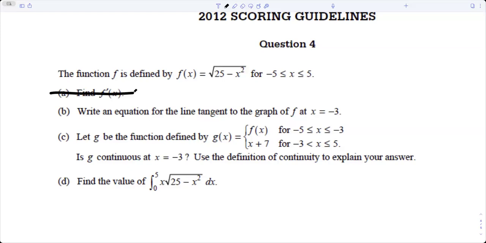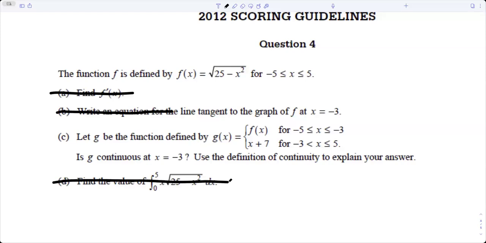Part B, write an equation for the line tangent to the graph of f at x is equal to -3. That's another preview of coming attractions. Part C, we're going to do part D, find the value of the integral from 0 to 5 of x square root of 25 minus x squared dx. You're probably like, what does that even mean? We shall get to that soon.